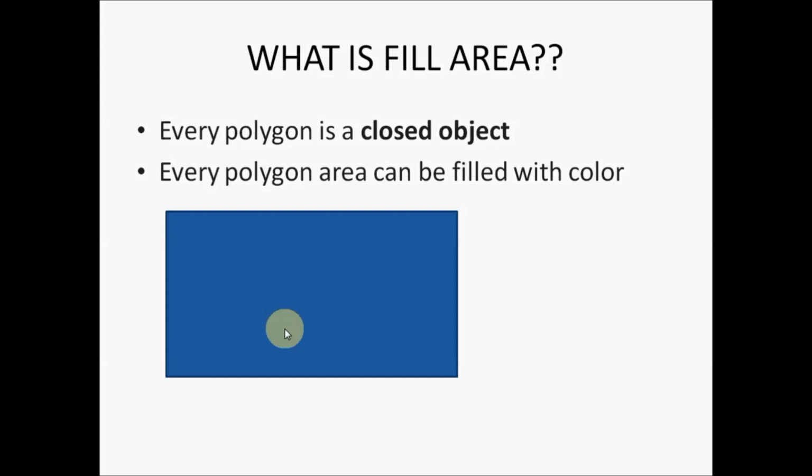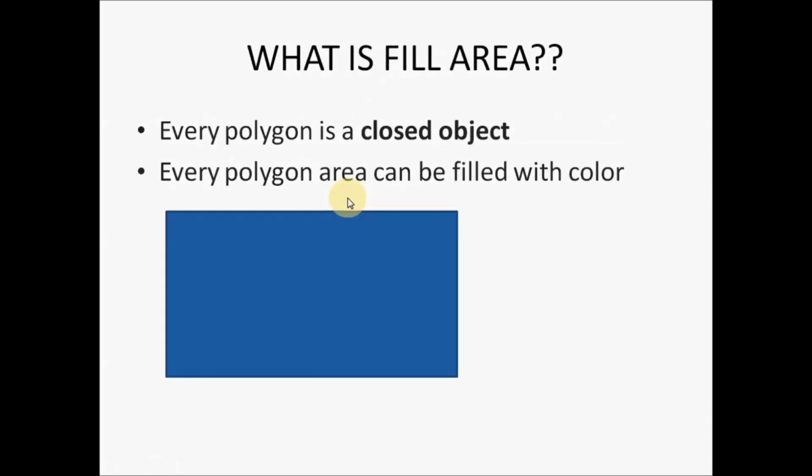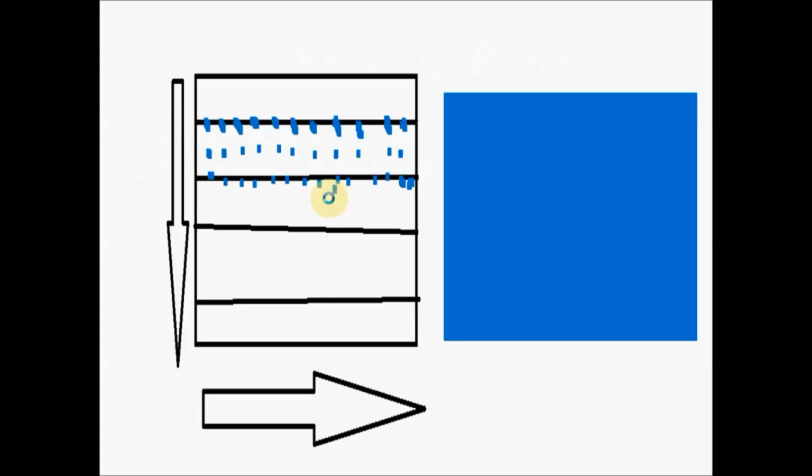So let me show this. See here how to fill. Yes, I told you that you can fill the polygon area with the color, but how to fill? You have to follow this format, that is from left to right and from top to bottom. You can see here I consider a rectangle. Here we have so many scan lines.